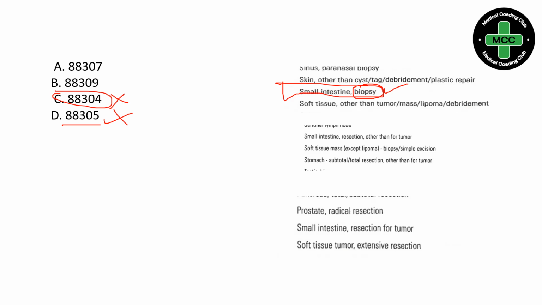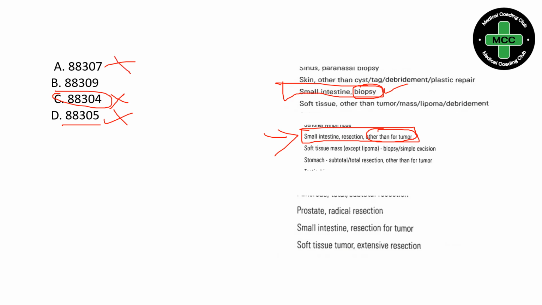Under 88307 you can find small intestine resection other than tumor. But in our question we do have a malignant tumor. We have the documentation for adenocarcinoma, which means it's a tumor, so 88307 should also be eliminated.